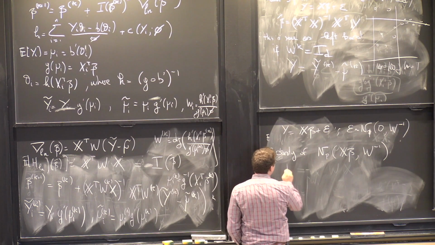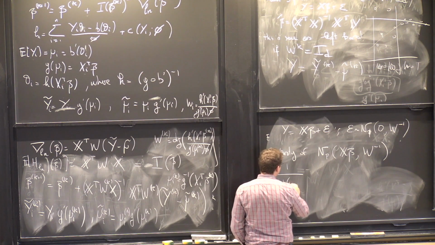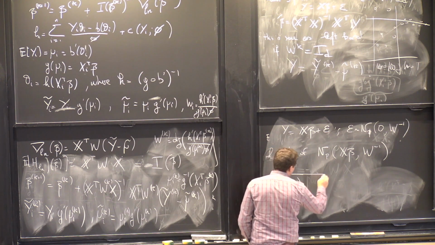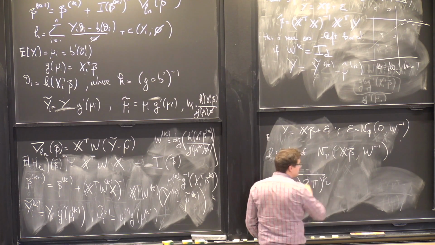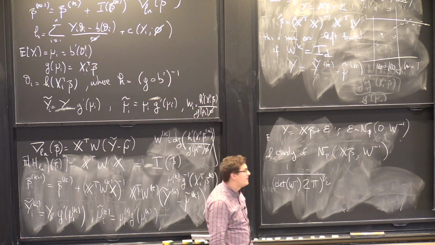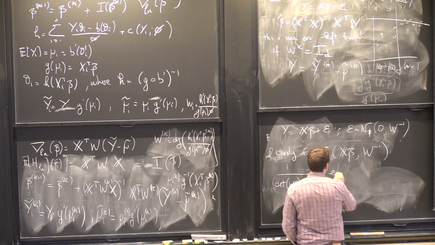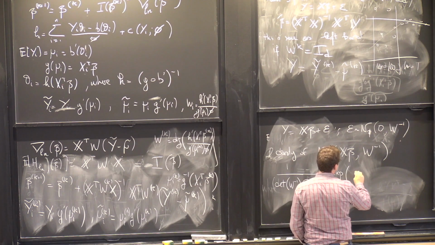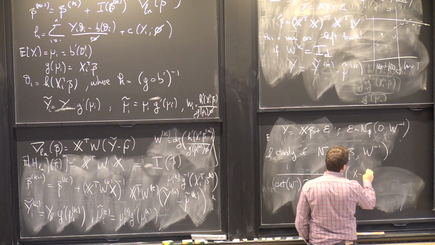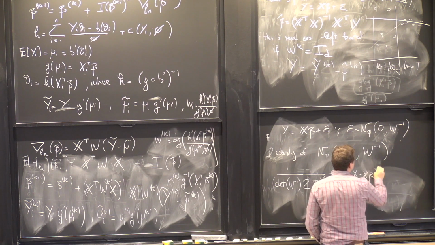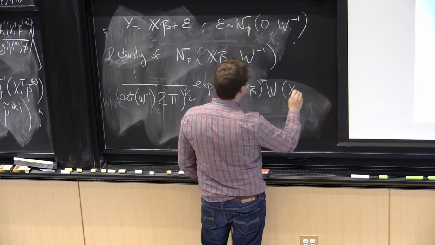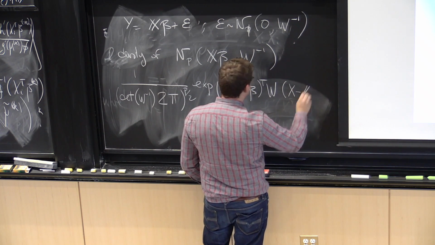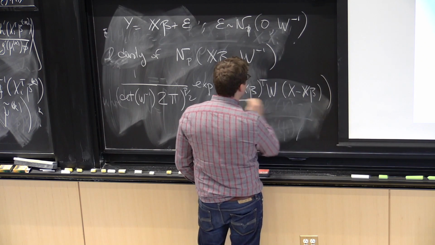It's of the form 1 over the square root of the determinant of W inverse times 2 pi to the p over 2, and times exponential of minus x minus x beta transpose W, that's the inverse of W inverse, x minus x beta, divided by 2.